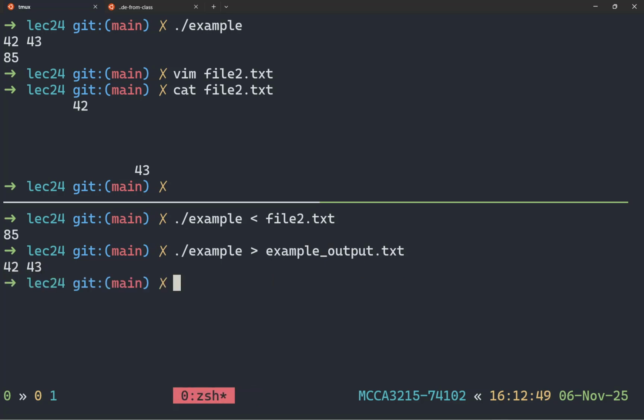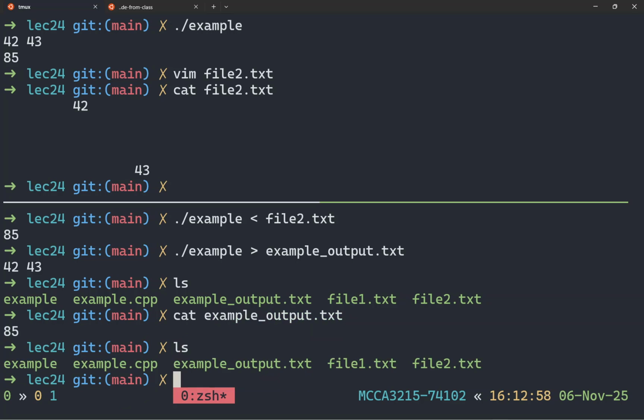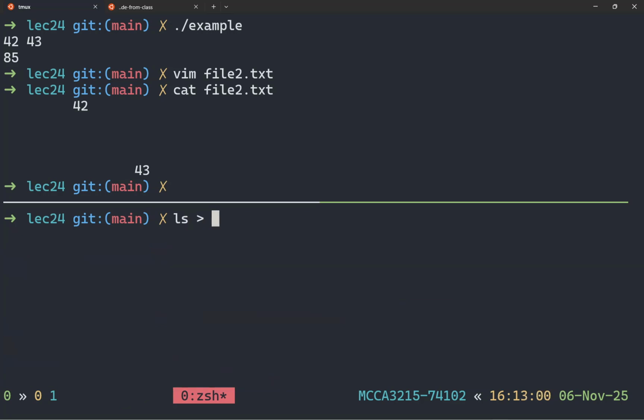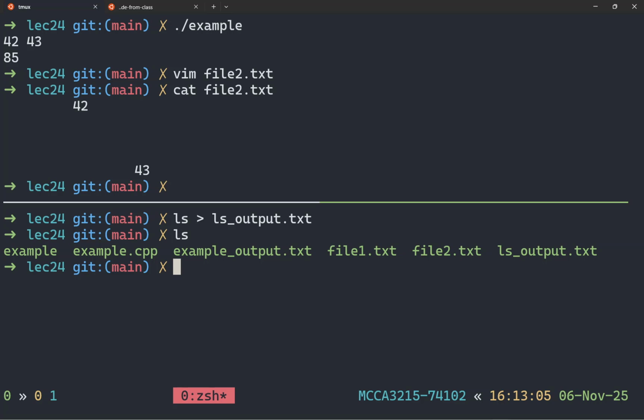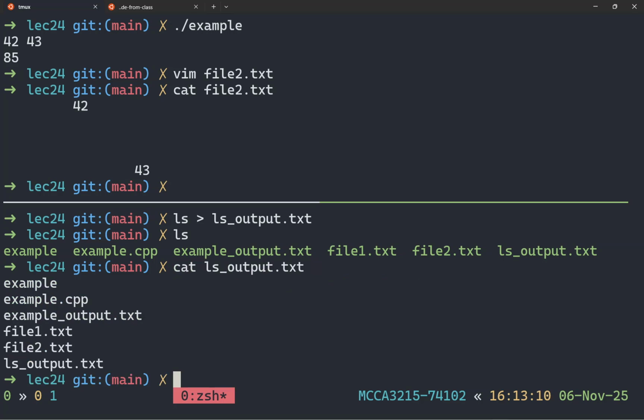And so we don't see the output when we run it because it got redirected there. We have a new file now, example output. There it is, got the 85. You can say ls. Hey, ls, output your file to ls_output.txt. And it runs and it doesn't produce anything, but it made a file, and we can look at that file, ls output. There it is. Cool. So that's useful. Questions about those so far? So you can give input to a program from a file, or you could write the output of a program to a file. That's kind of nice.